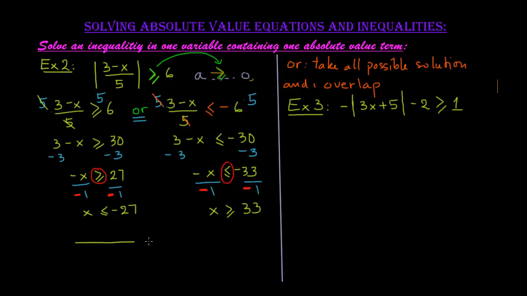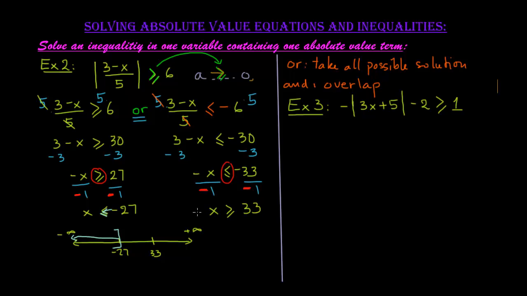Now let's put both of them on the number line and see what my final answer would be. Negative 27 here and 33 here. I'm going to put the tail for the inequality sign at negative 27, which points me to go to the right side, and with the equal sign I will use the bracket.